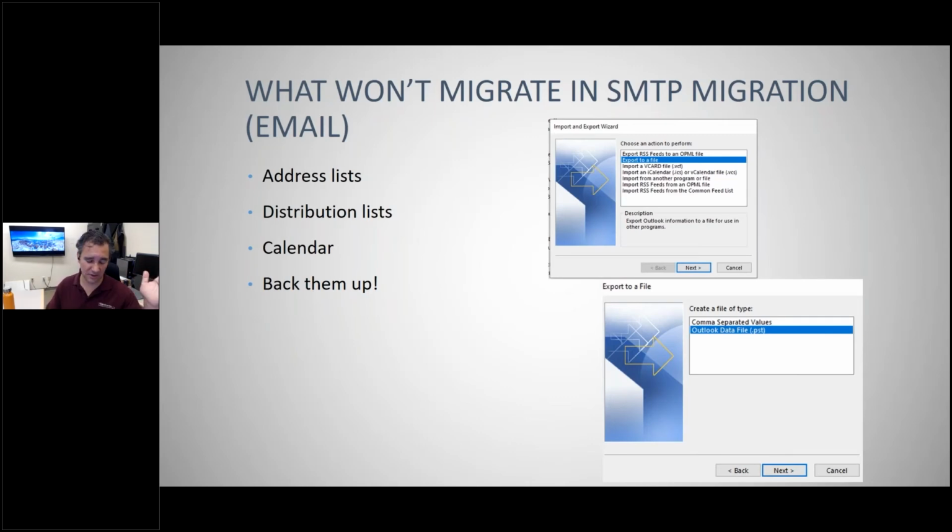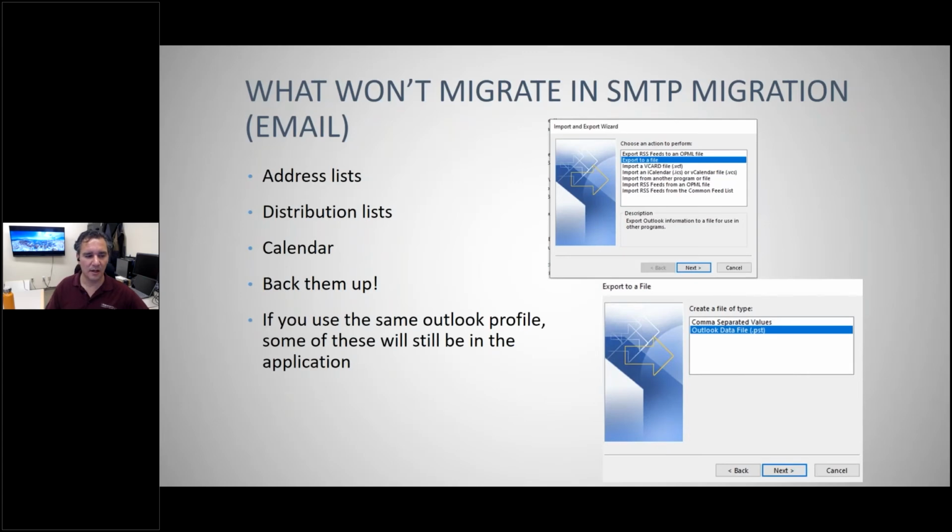And you can just do the entire folder if you want, and it just takes a while. If you use the same Outlook profile, these will be in the application when you point it to Microsoft 365. As long as you don't delete that profile, it should still be there.